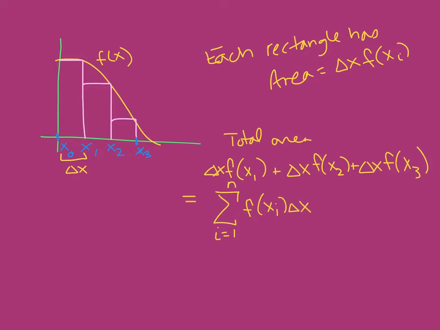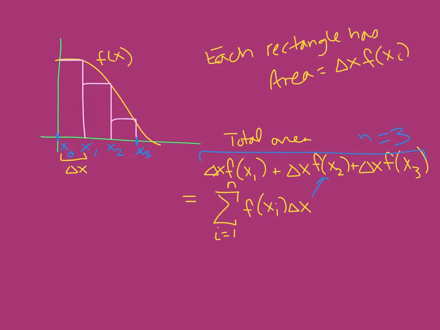times delta x. So in the situation that we just had, you can see right here, we had n equals 3. I'm hoping that if you look at this formula really closely, you can see that from the summation on the bottom, we ended up getting that area on the top when n was equal to 3.